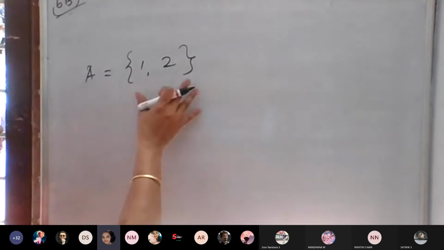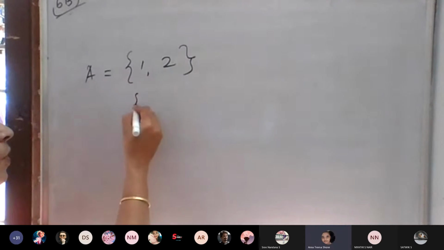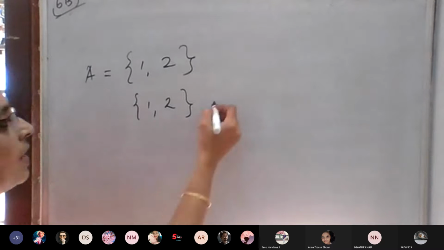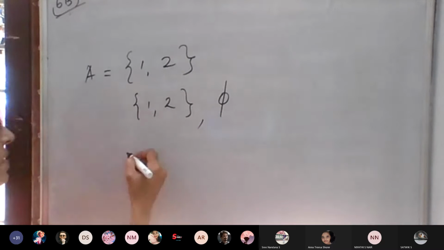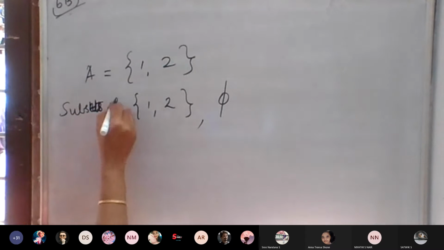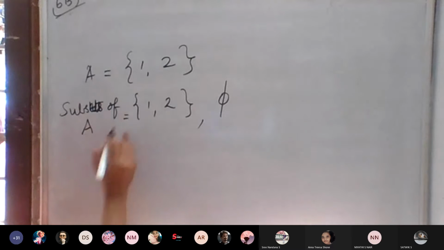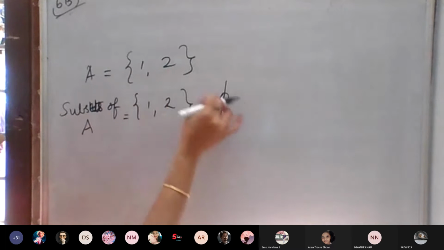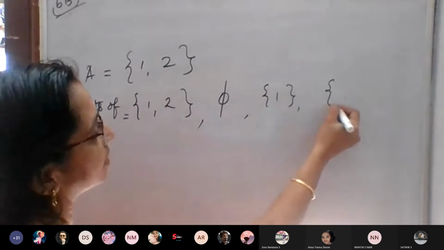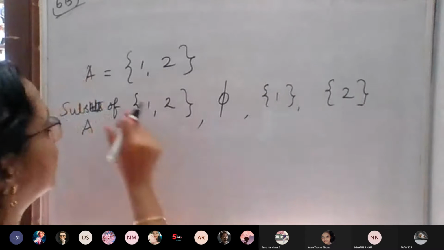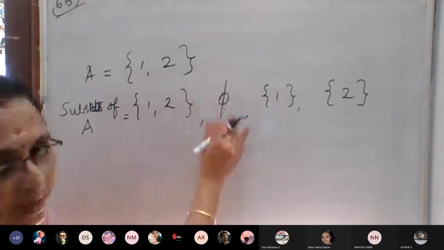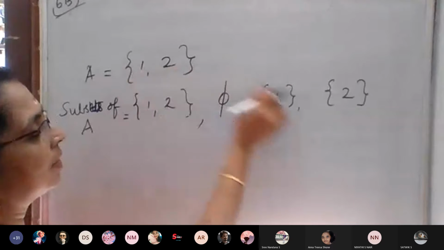A means {1, 2}. The set A itself is also a subset. Then the empty set, the null set, is a subset. Subsets of A are: A itself, then the null set, then {1}, then {2}.